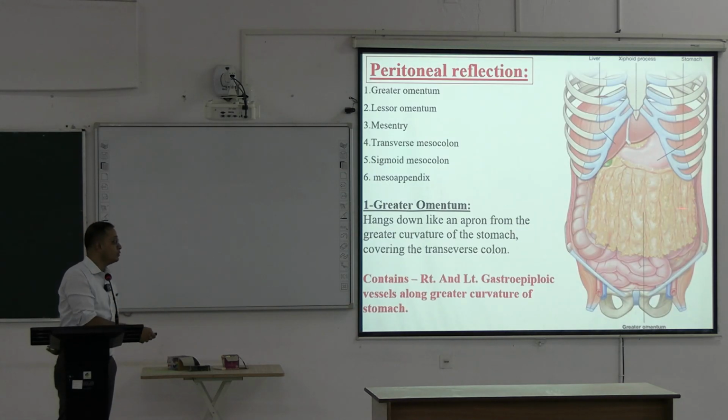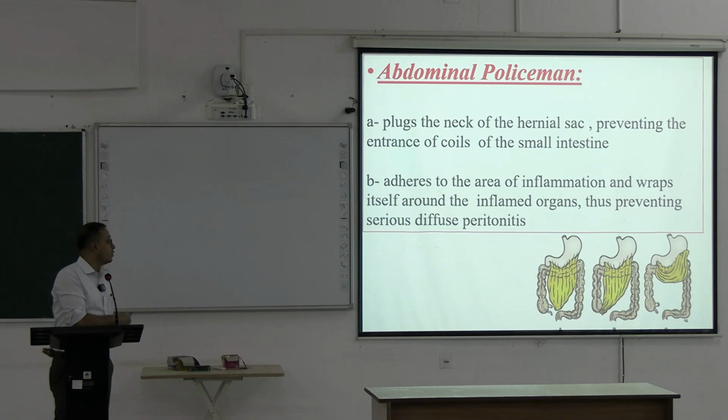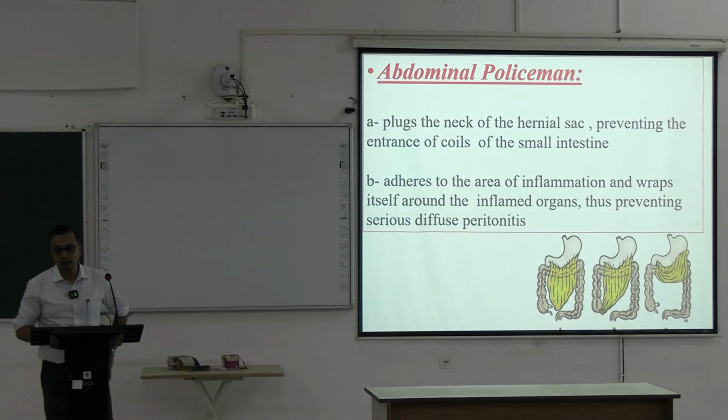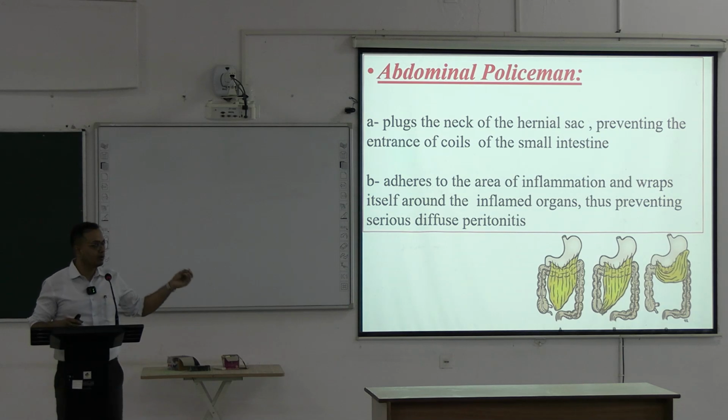But for now, we should know what we mean by the greater omentum and what it contains. In the red line it is written, you must not forget these blood vessels and the normal function of the omentum, which is abdominal policeman. Last year or the year before, this question came: explain why the greater omentum is called the policeman of the abdomen.